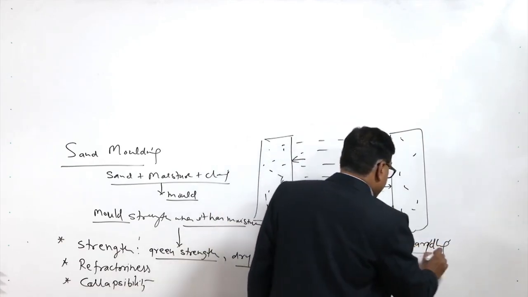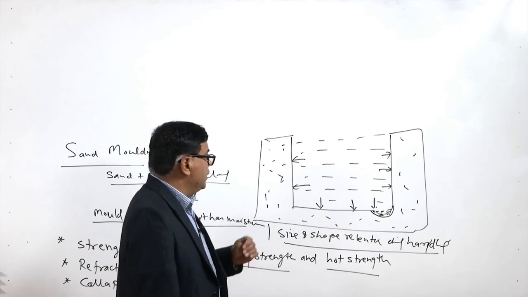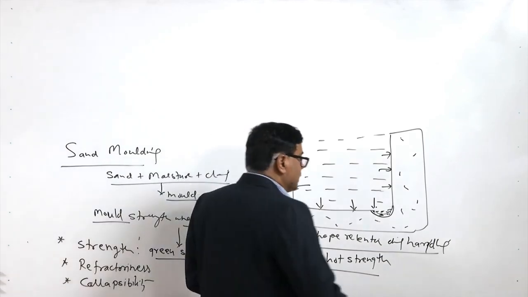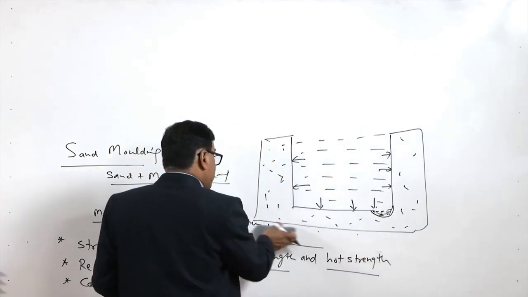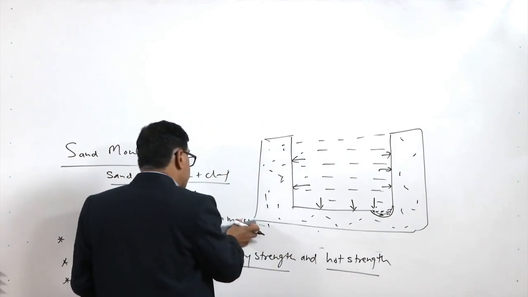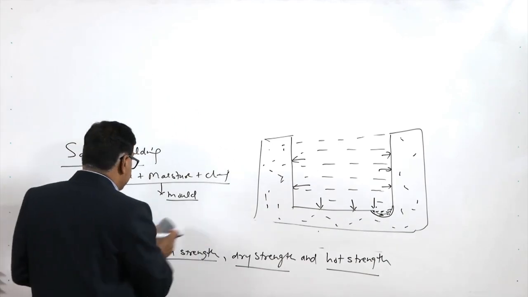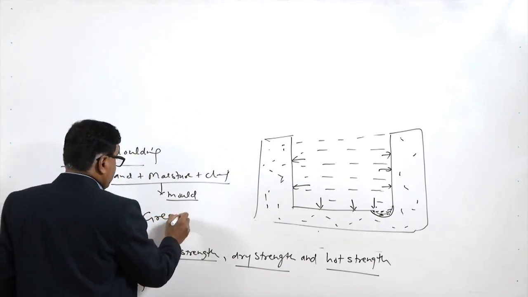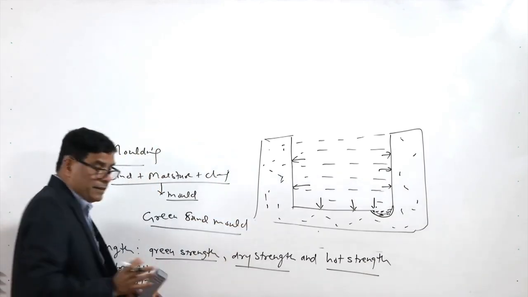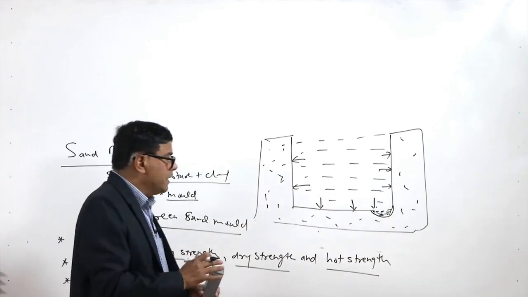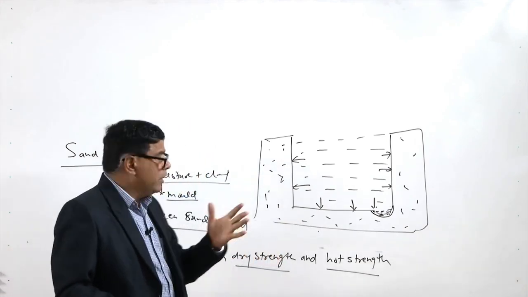So, freshly prepared mold walls should not get damaged during the handling, and this green strength of the mold also matters when the mold is used directly for pouring the molten metal. Means the green sand mold is poured with the molten metal directly without permitting the baking or removal of the moisture.